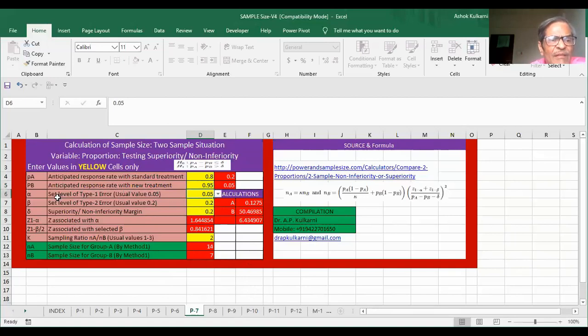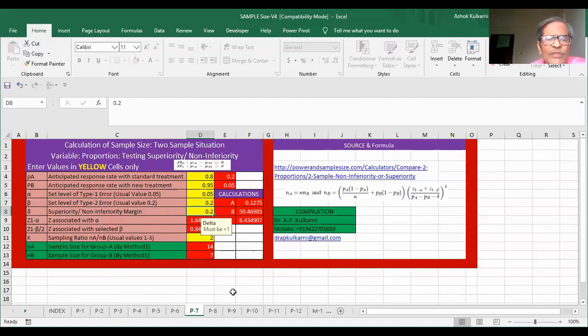Then the type 1 error. You get a drop-down menu, and usually the level set is 0.05. Then set the level of type 2 error. We have got options over here again, and we are guided that the usual value is 0.2. And the superiority or non-inferiority margin, you will have to mention over here.